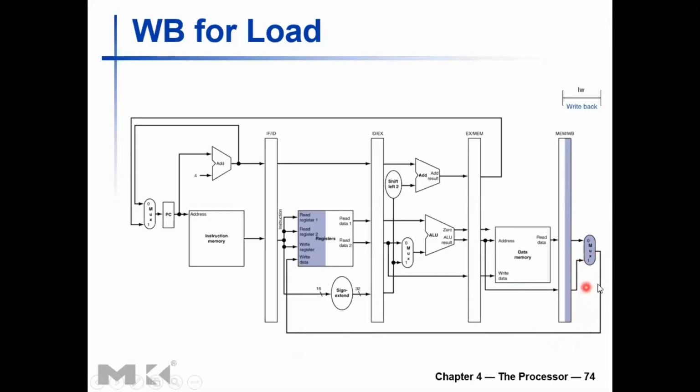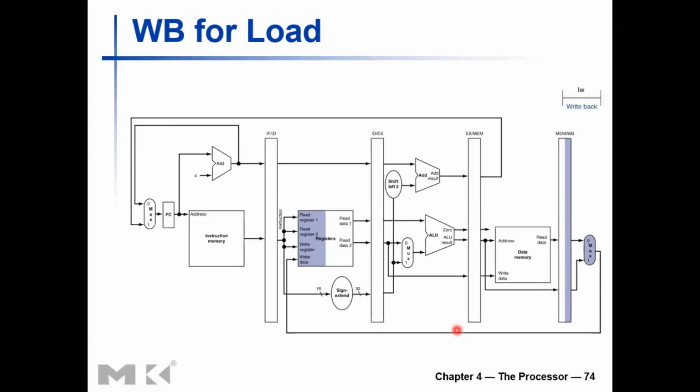So based on that preserved control value, your result, data memory result, will propagate from there. The multiplexer will induce a small delay in the data path. Okay, so that value is now ready to be written into the register file. That value needs to be available here in order to write to the register file.